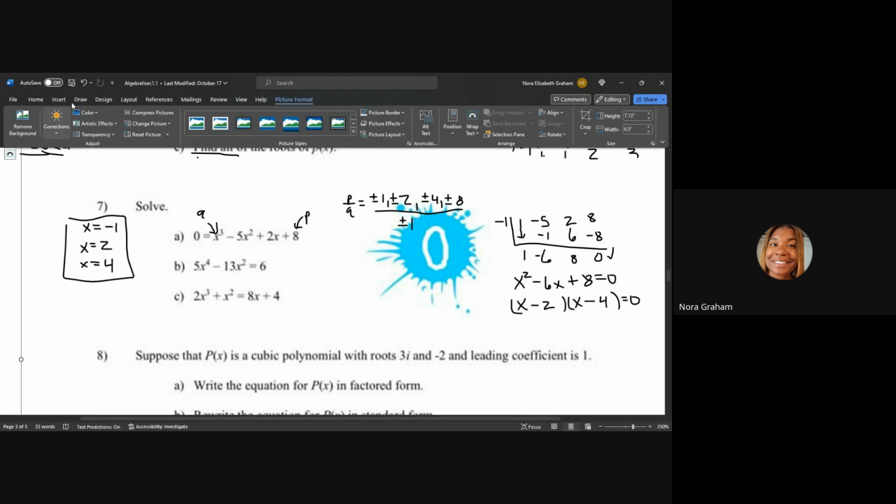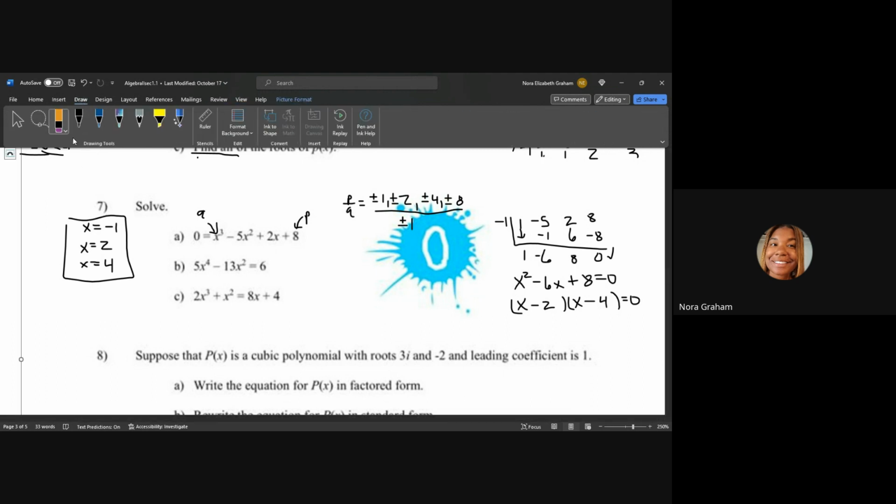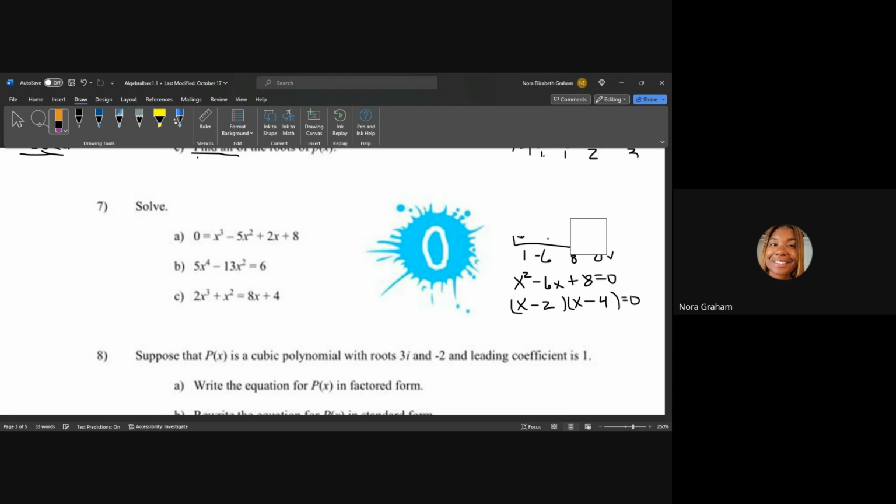Okay. So now let's try B. All right. For B, we have 5x to the fourth minus 13x squared equals 6. First thing I want to do is bring everything to one side.